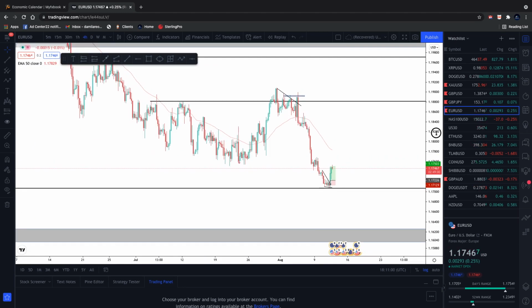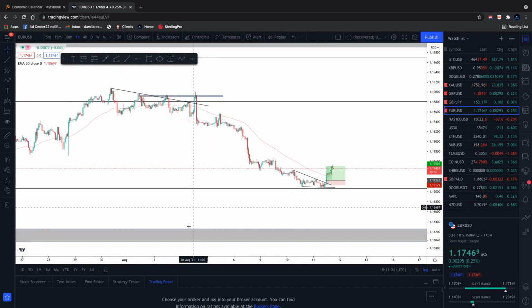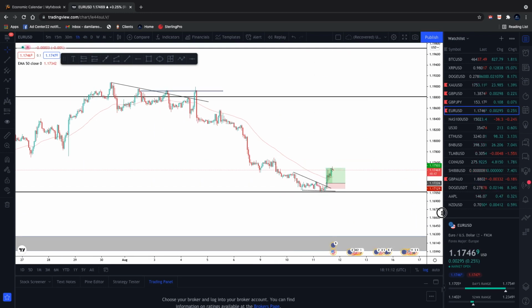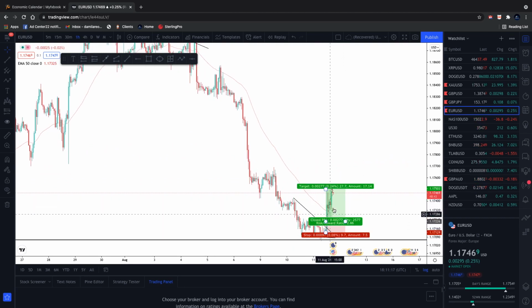So I was able to come up with an idea with a price action pattern. I was able to come up with this small price action pattern of an ascending triangle, and let's say the price breaks that triangle and pushes higher, it gave me like 27 pips.